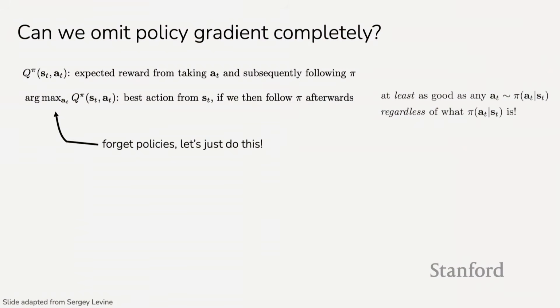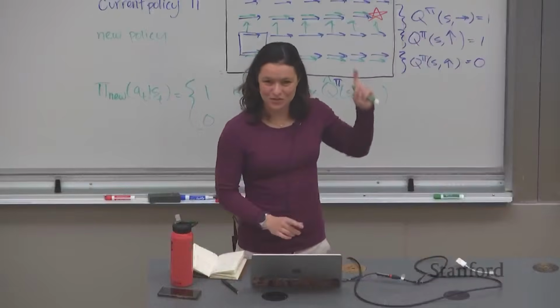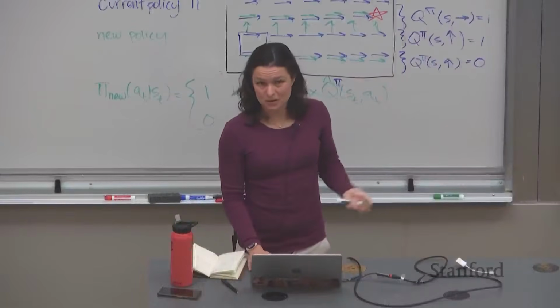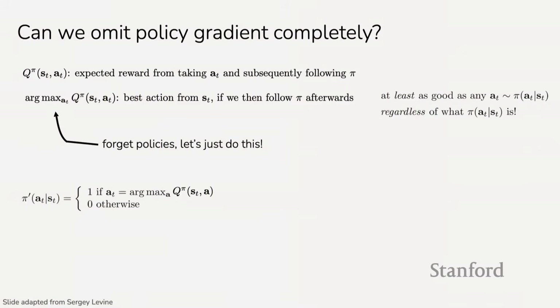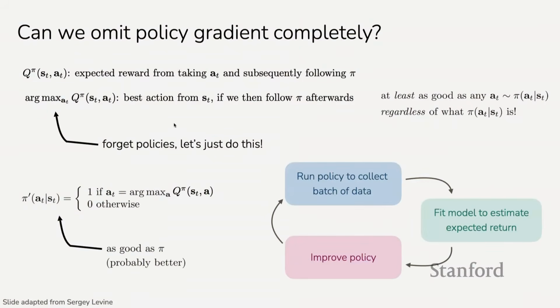So potentially we could just forget using policies and just do this, rather than explicitly learning a neural network for the policy. What this looks like as an iterative algorithm is we would run our policy to collect data, then fit a model to estimate Q pi according to that latest batch of data.